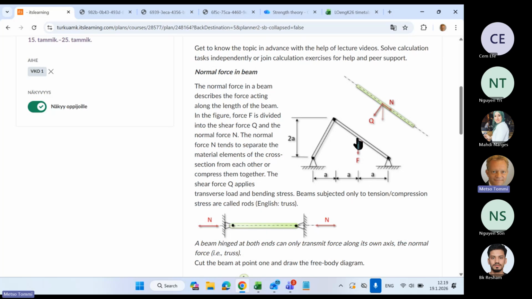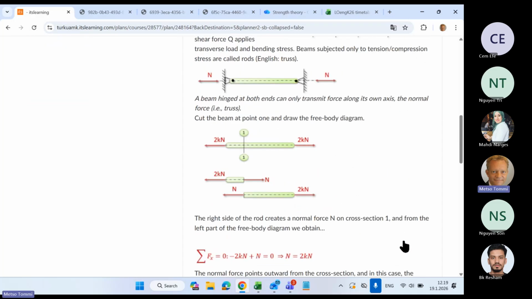But if you have a different kind of force in the middle of the joints, then it is not necessarily along the beam length. And this one also was discussed in autumn.